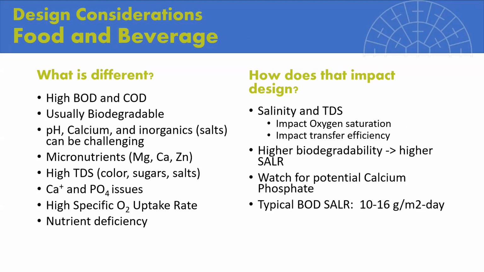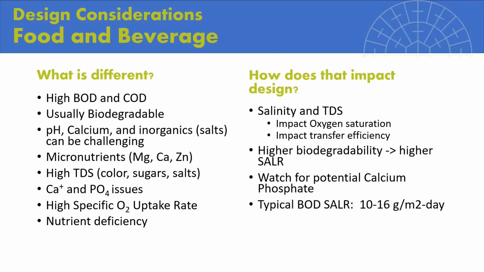So you see a lot of small facilities popping up every year. So this tends to be one of the most common design projects that we work with here at SSI. So food and beverage really has a wide range.